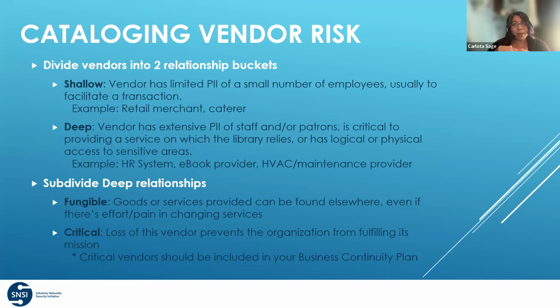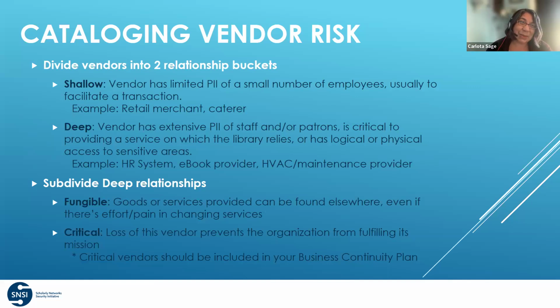Once you've made that distinction, you take those critical folks, and they should go into your business continuity plan, number one. But more importantly, you should know all the things that they touch. You need to know who you contact there, and have a status page that you're looking at on a regular basis. These are things you can do whether or not your security team is involved with you.